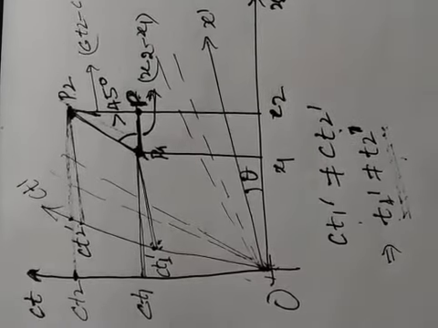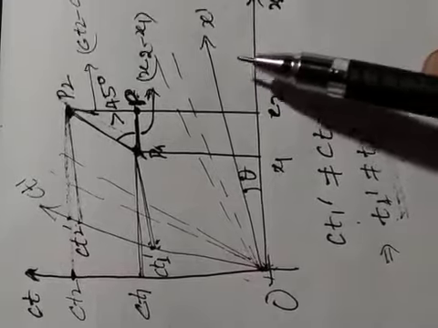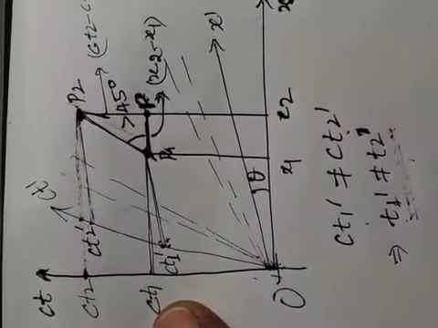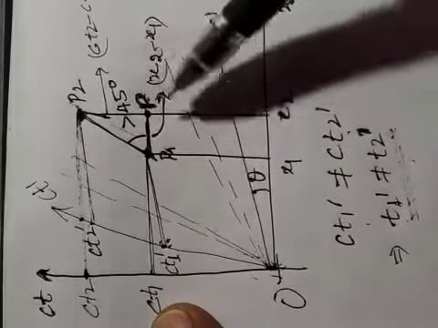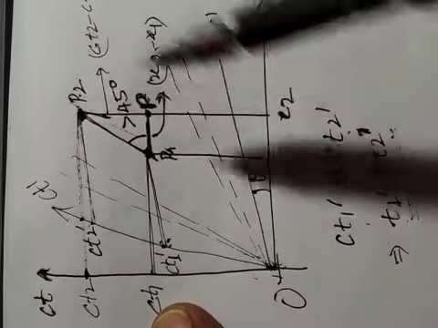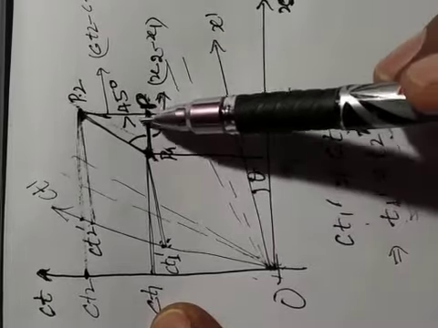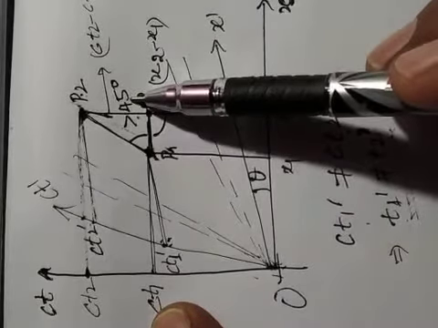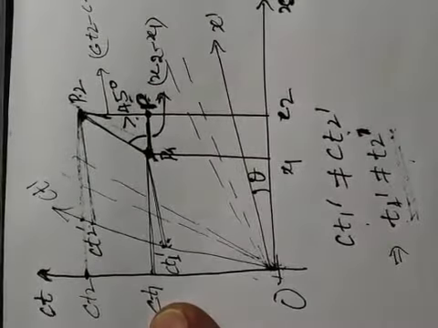From the figure you can easily deduce that this distance PP2 is greater than this distance P1P if this slope is greater than 45 degrees. This condition is always maintained.